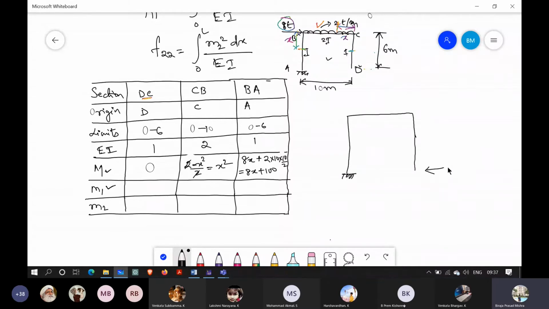In this coordinate 1, we are applying 1 kilonewton. And please remember that we are removing all other externally applied loads. This is A, this is B, this is C. So we are not considering any other applied load. And again, this length is 10 meters and this length is 6 meters.